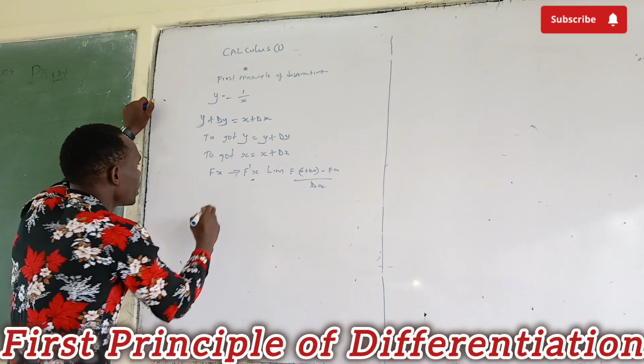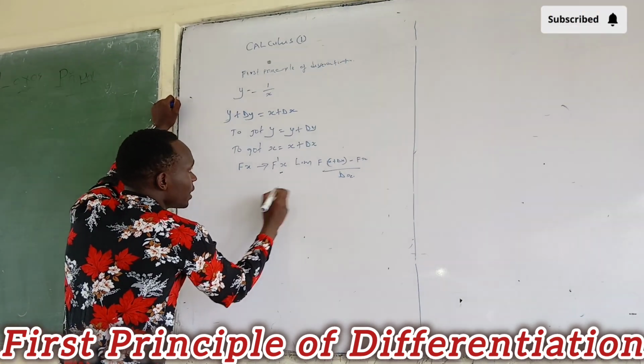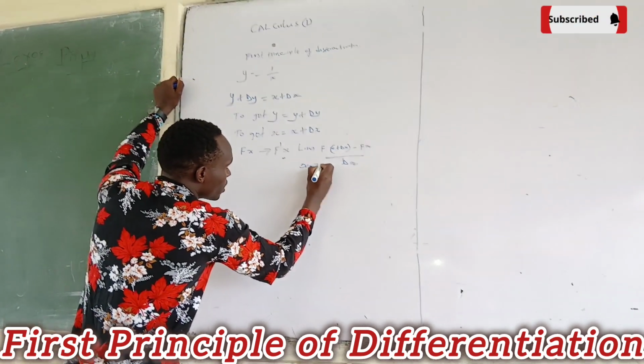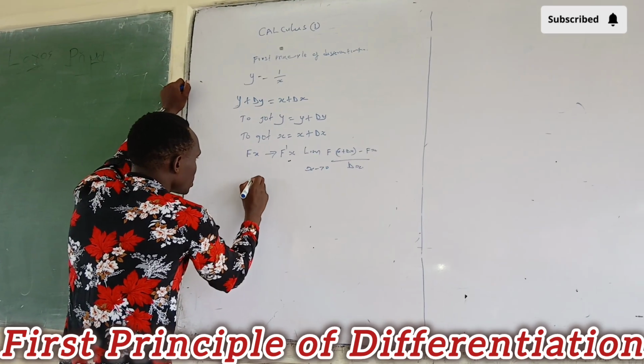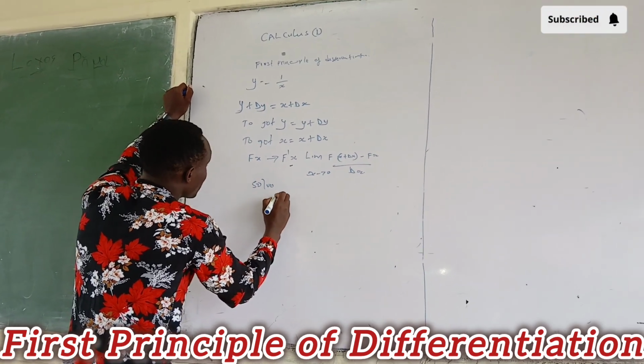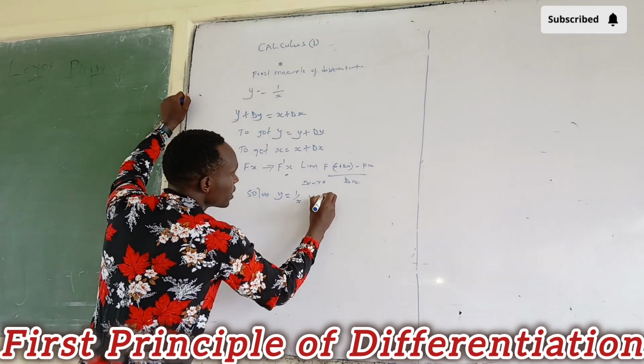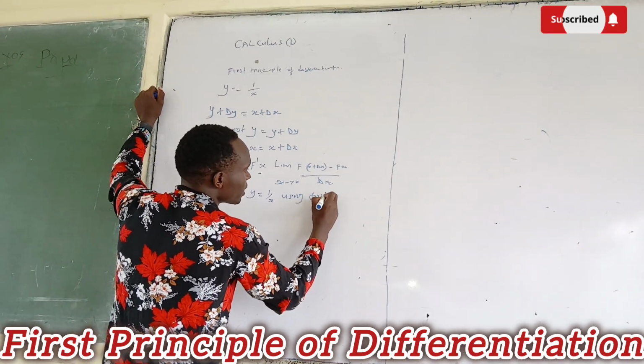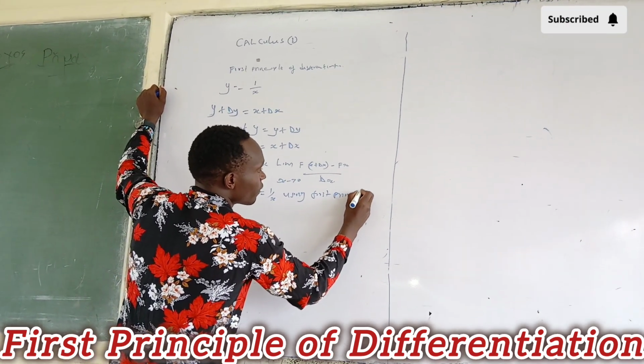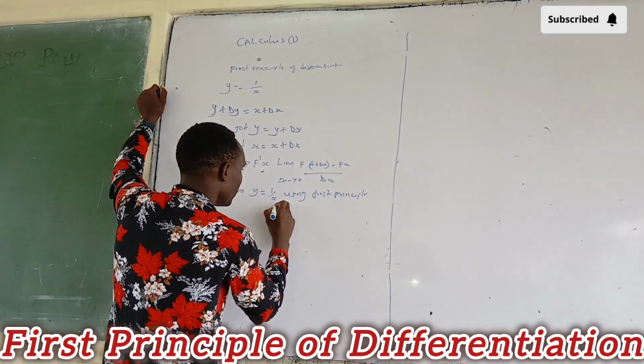Let's say if I have an equation like, as x approaches 0, then solve y is equal to 1 over x using first principle method.